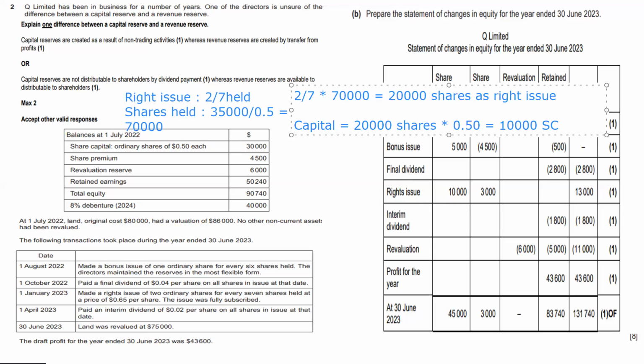But you are issuing the shares at what price? 0.65. If 0.50 is the capital, then what is the premium? 0.15. So 0.15 into 20,000 shares.